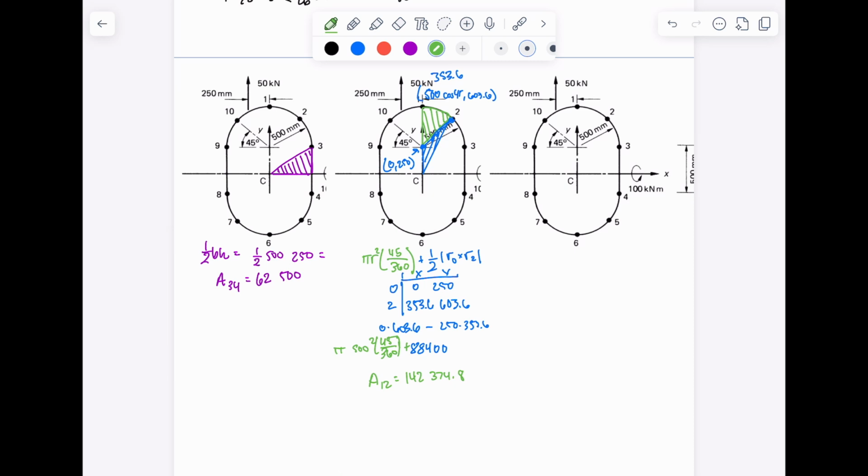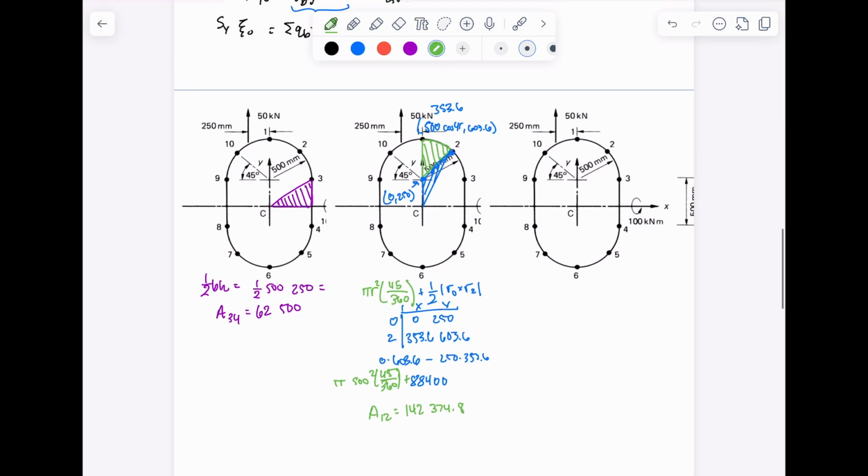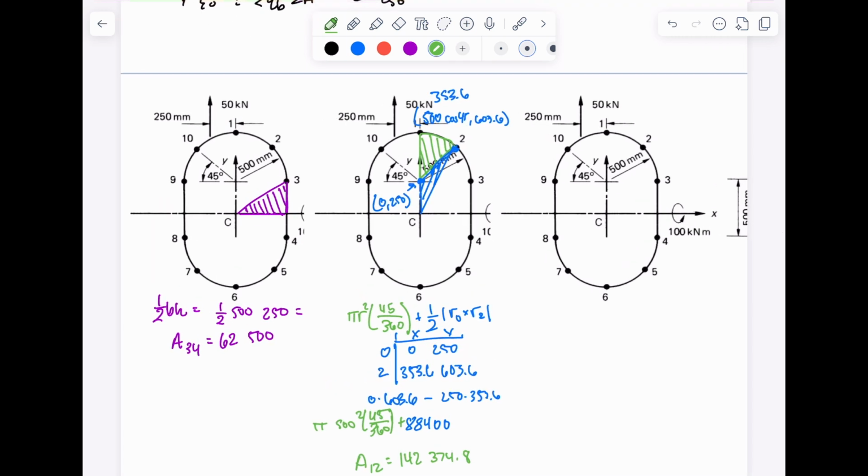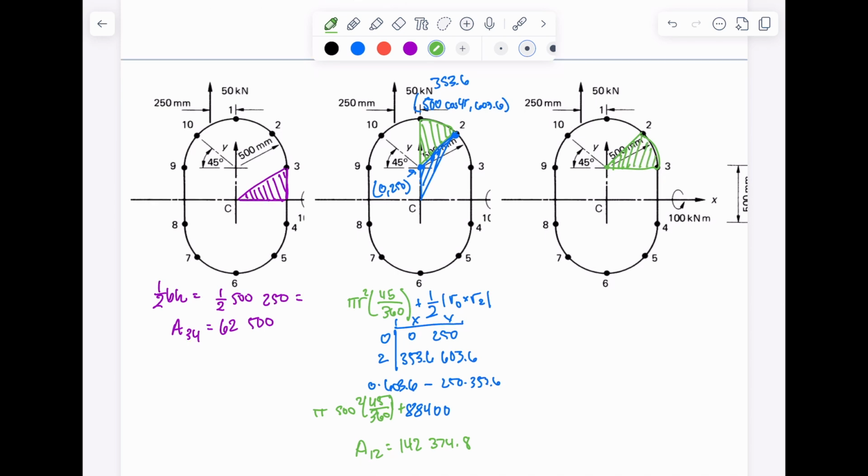All right. Now we need to solve for the area of 2 to 3, which we know, again, we can solve for the area of a semicircle, which is from point 0 to 2 and 3. But we also need this section right here.